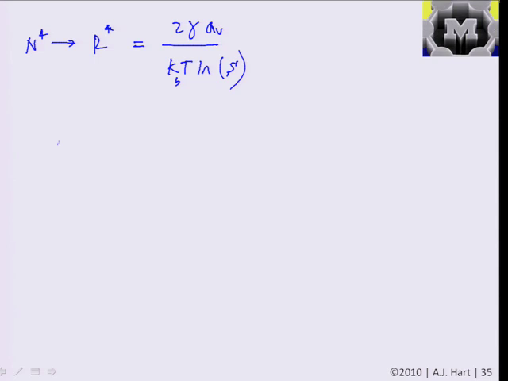So this tells us that if the supersaturation increases, or for example, we go back to the initial picture from today and add precursor to our solution, then we increase the supersaturation, and the critical cluster size is going to decrease.